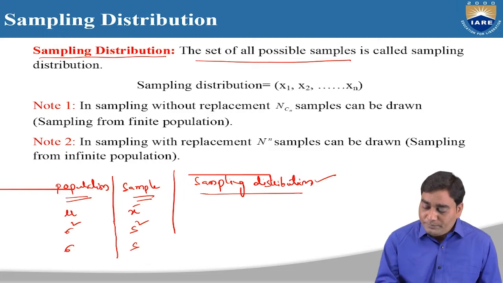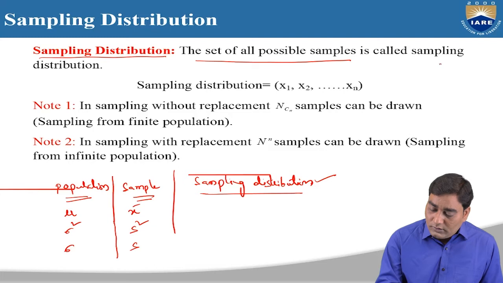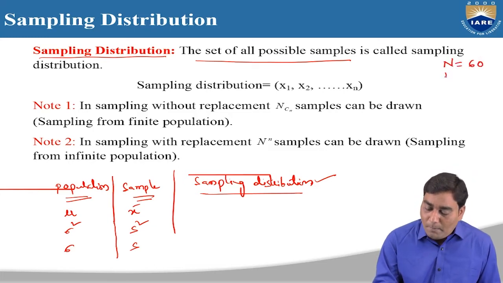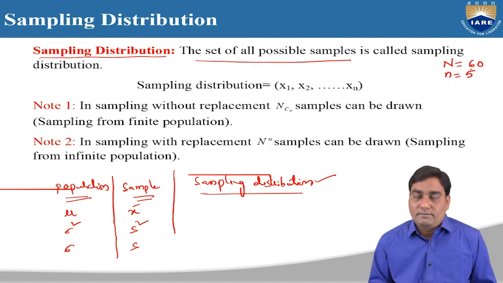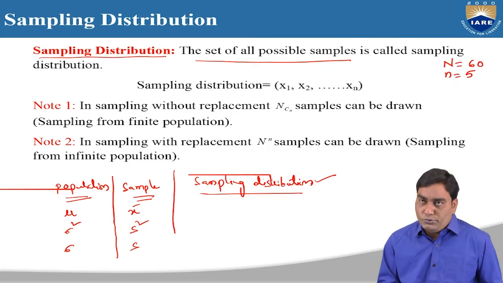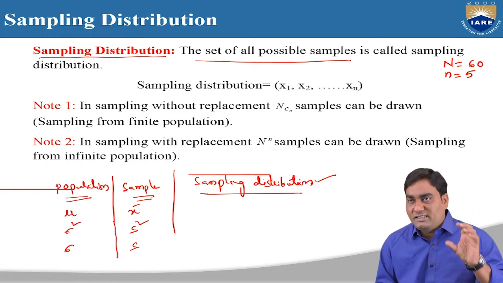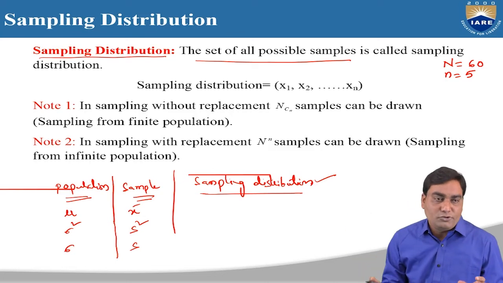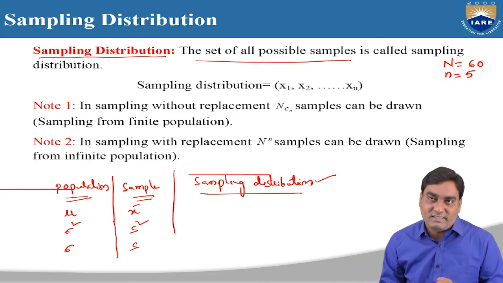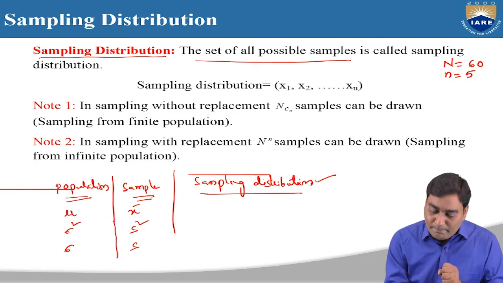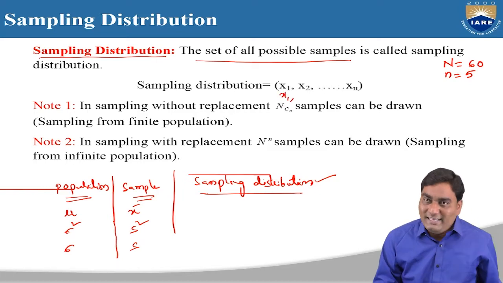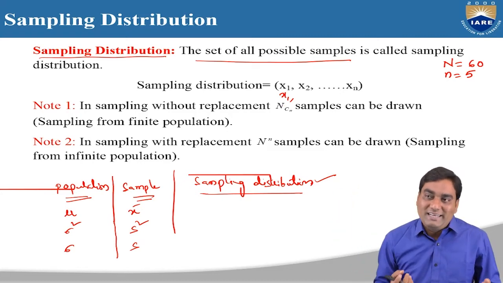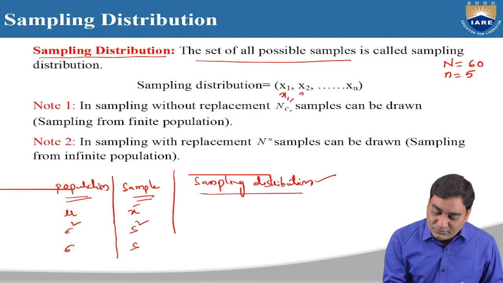Simply, I will explain to you. Suppose the classroom strength is 60 members and sample size is 5. I want to choose one sample of size 5. That means out of 60 students in the classroom, I want to choose only 5 students. That is one sample, x1. After taking these 5 students, I want to choose another 5 students. That is the second sample, x2.